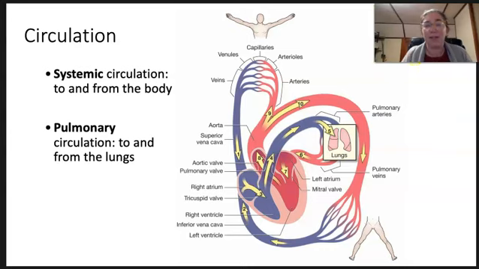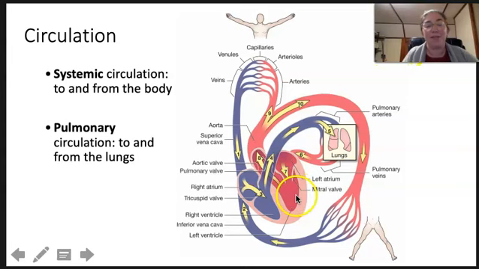As a reminder, the circulatory system is the system that circulates blood through the body, through the heart, and through the lungs. So there's really two circular pathways. There's the circulation between the heart and the lungs, where deoxygenated blood gets pumped to the lungs to get oxygenated. That's the pulmonary circulation.